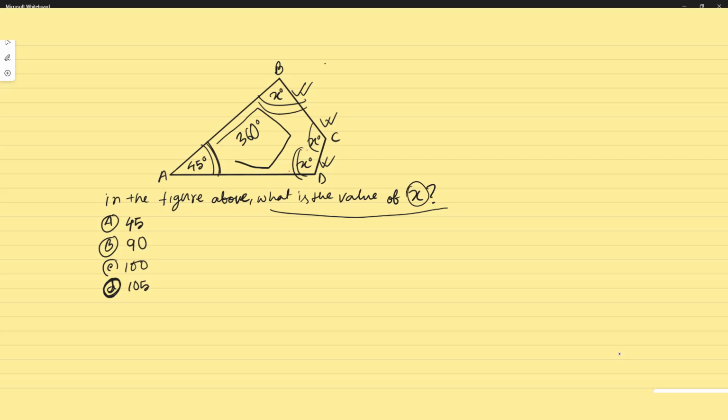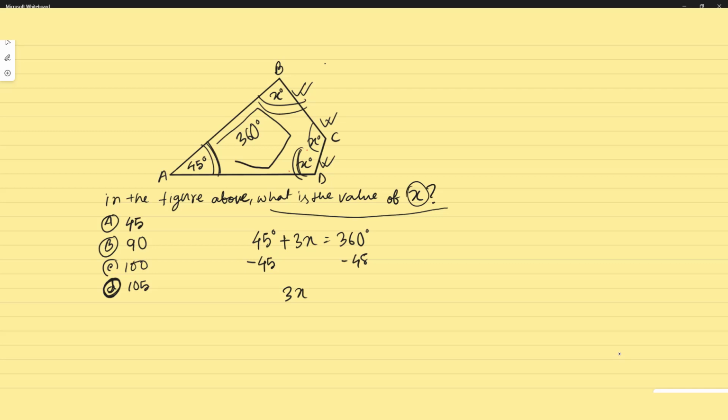So we need to solve an equation. We make the equation: 45 degrees plus 3x is equal to 360 degrees. On both sides we need to subtract 45 degrees.